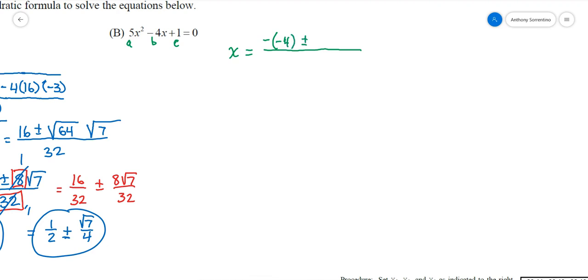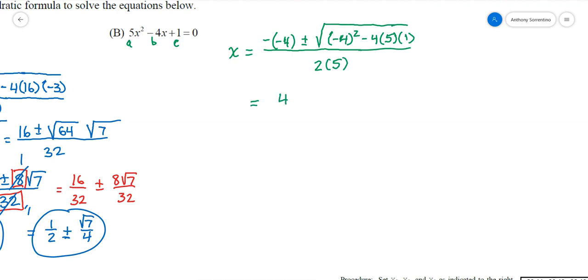Plus or minus the square root of -4 squared minus 4 times 5 times 1 all over 2 times 5.